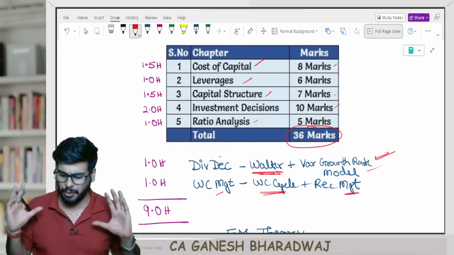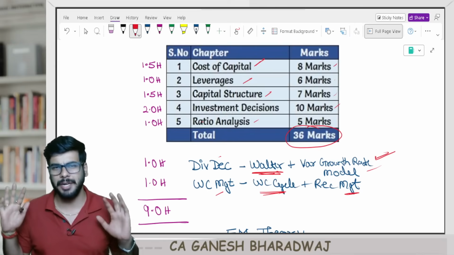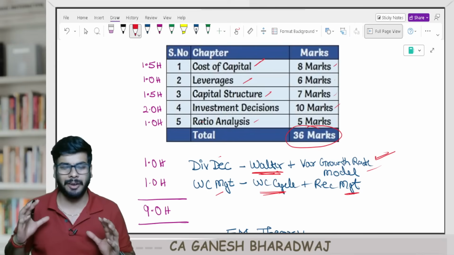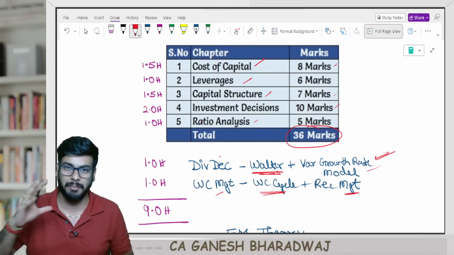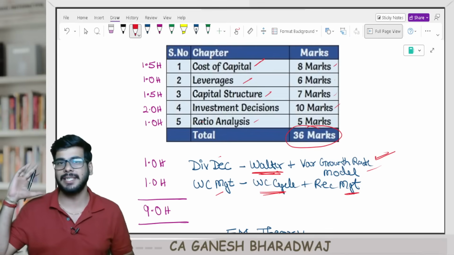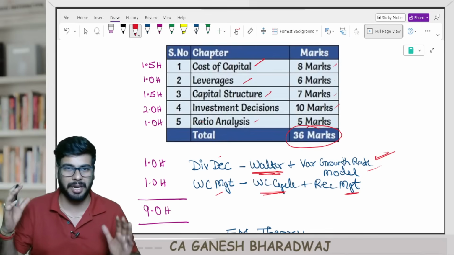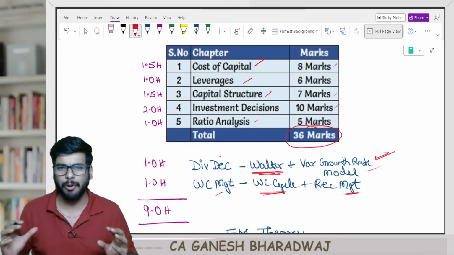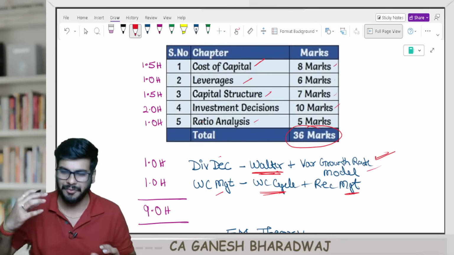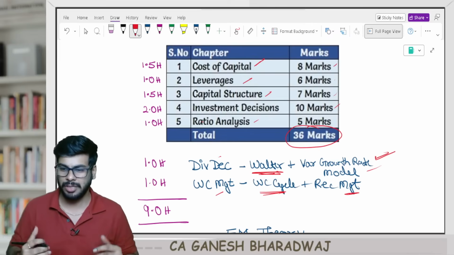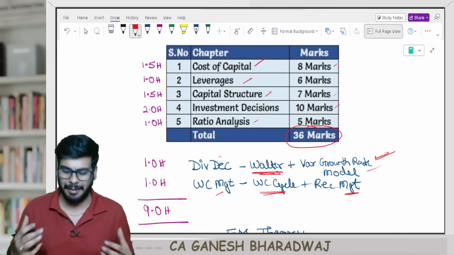At least try to cover that. This will predominantly cover close to about 45 to 48 marks in your FM component itself, I'm telling you. Out of the 60 marks, including the choice questions, about 48 to 50 marks will be covered from this segment itself. Now, sir, what should be the time that I can take?